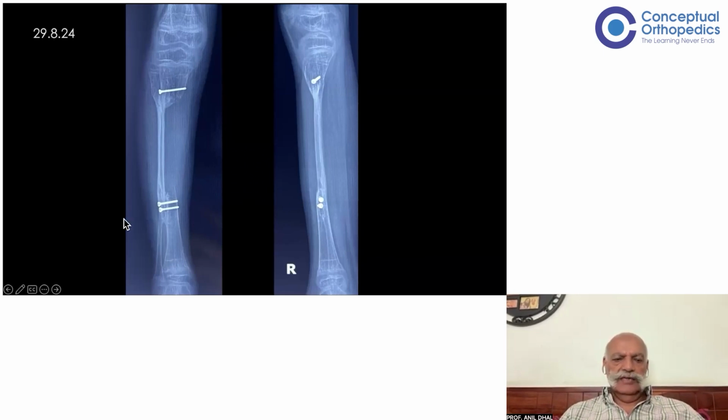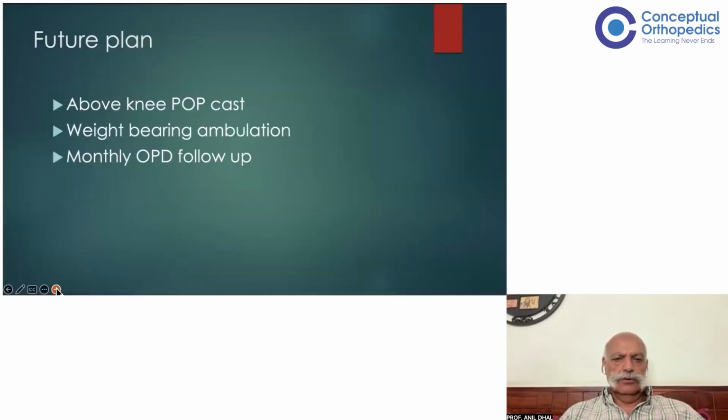So the idea here is to put this patient on weight-bearing ambulation, because under weight-bearing ambulation, the fibula is going to increase in girth, because as it is going to be loaded, ultimately the fibula is going to become thicker and thicker, and it is going to start looking like a tibia in about a year and a half time.